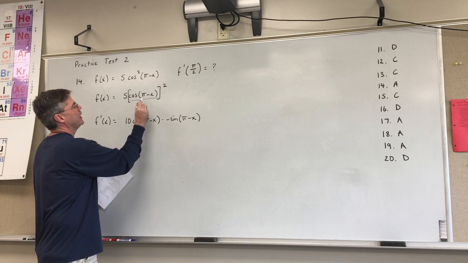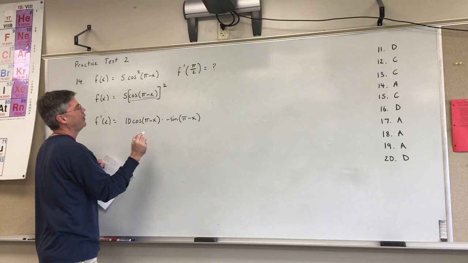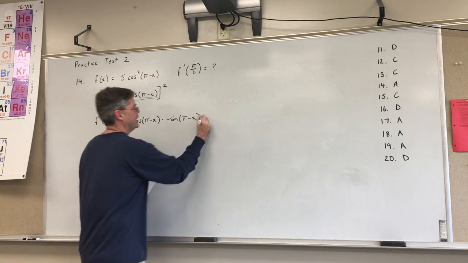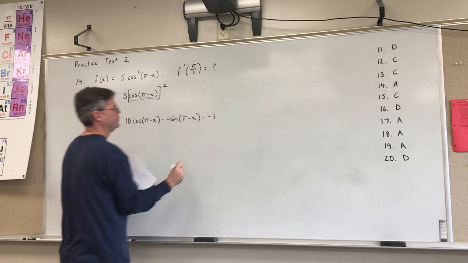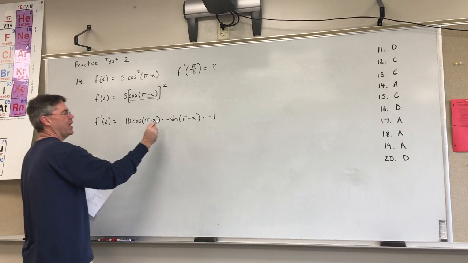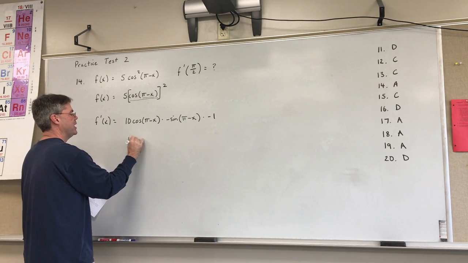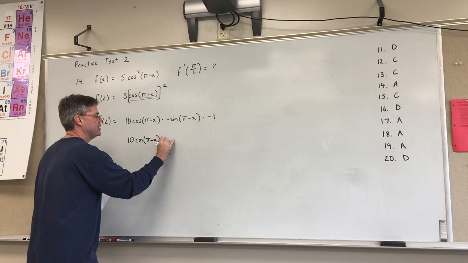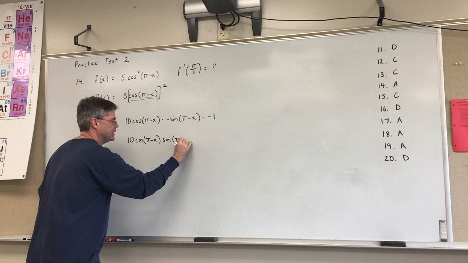And then the third layer of the onion is what we call the blop in class, pi minus x. What's the derivative of pi minus x? Well, that's negative 1. So I've got a negative times a negative, so it's going to be 10 cosine pi minus x times sine pi minus x.